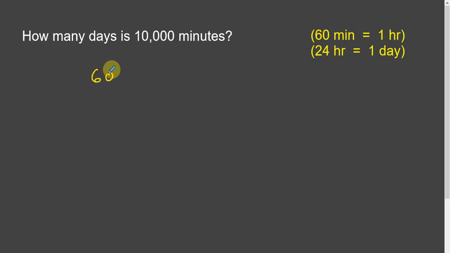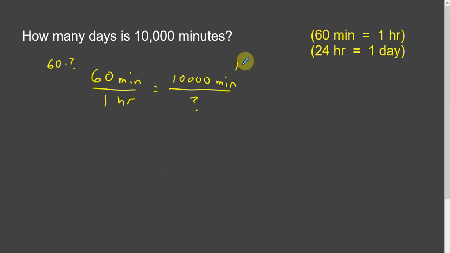All right, so minutes to hours, we know there's 60 minutes in 1 hour. And now notice we have 10,000 minutes, so that goes on top now, and we want to know how many hours that is. So again, minutes have to be across from minutes, hours have to be across from hours. So this is 60 times question mark.